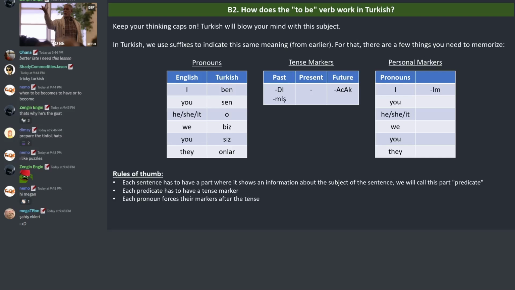So sometimes we have sın. I'm still keeping this for the to be verb conjugations with different tenses, with different verbs. Things can be different. And then he, she, it. There's no ending for he, she, it. It's one of the easiest pronouns. I like it. And biz. So biz is tricky.